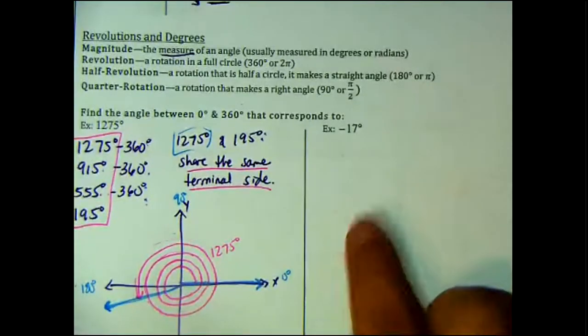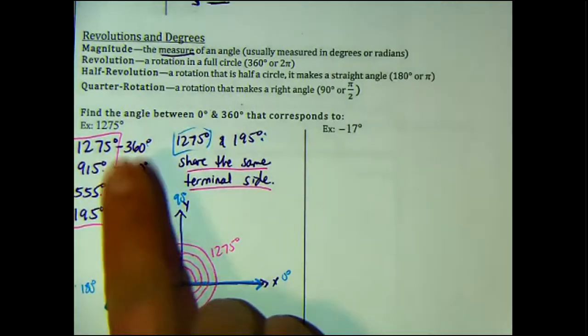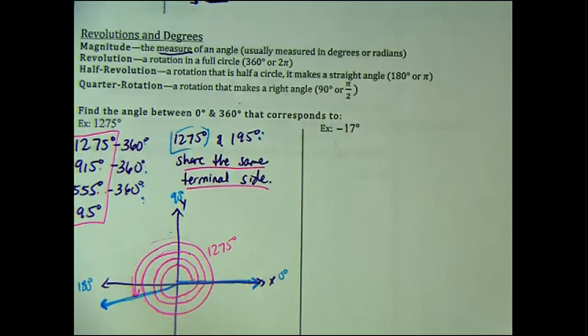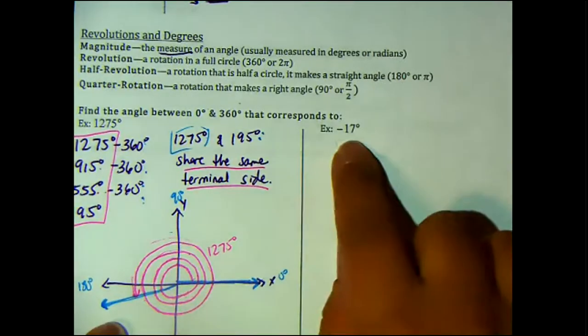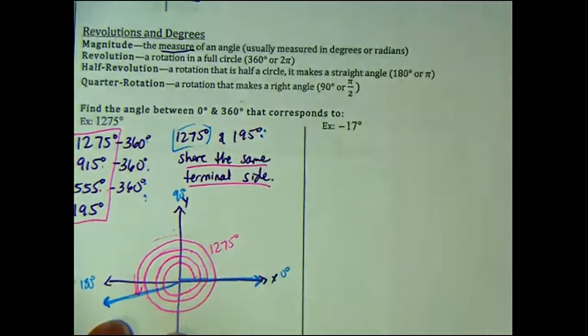So if we take a look at the second example here, this one's a much smaller degree, but notice it's negative. It's negative 17 degrees. If it's negative, then instead of subtracting 360, I'm going to add 360 until I get the positive angle that's between 0 and 360 degrees.